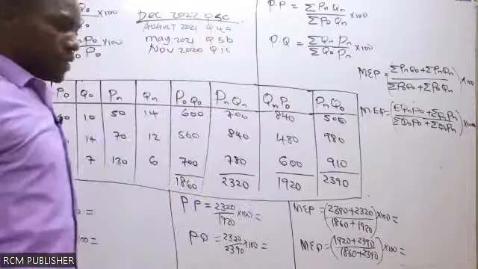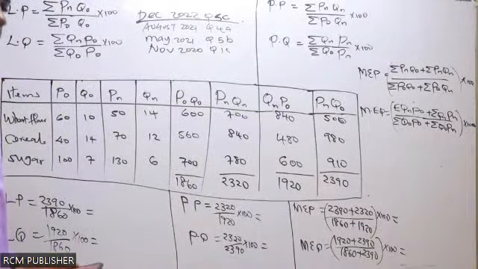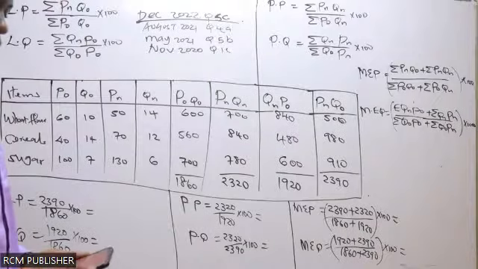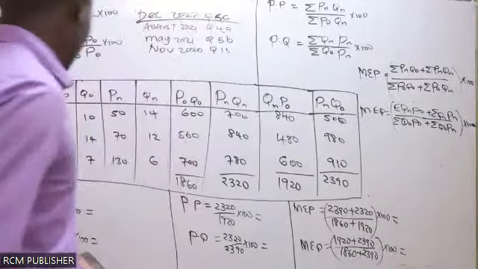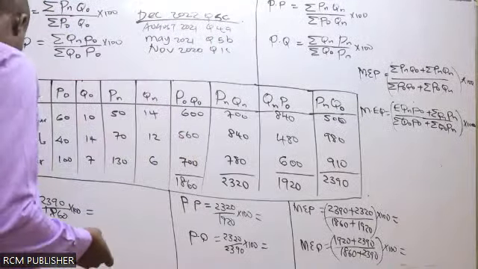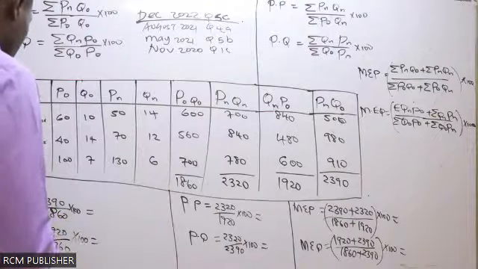So what are the answers there? LP is 128.49%.